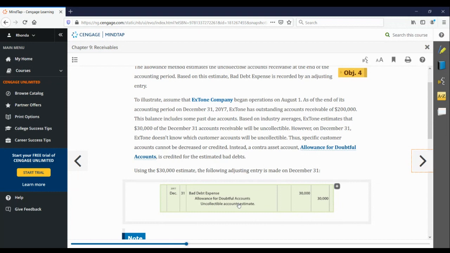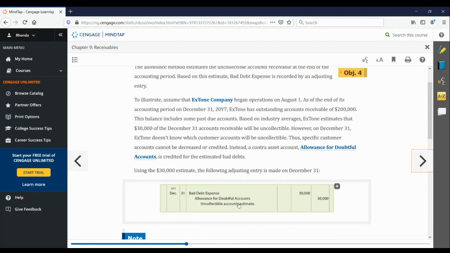You'll remember we said that a contra asset account has a credit balance. It increases on the credit side instead of the normal debit balance of an asset account. So because this allowance for doubtful accounts is considered to be a contra asset account, it's going to have a normal increase side or a balance side on the credit side.